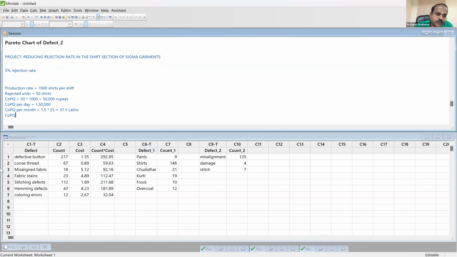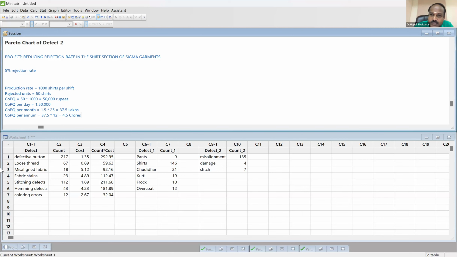Always in a Six Sigma project, you must calculate the cost of poor quality or benefit on an annual basis. So in 1 year, how much money will the company be losing? 37.5 multiplied by 12. So 4.5 crores is the cost of poor quality the company is incurring in a year.